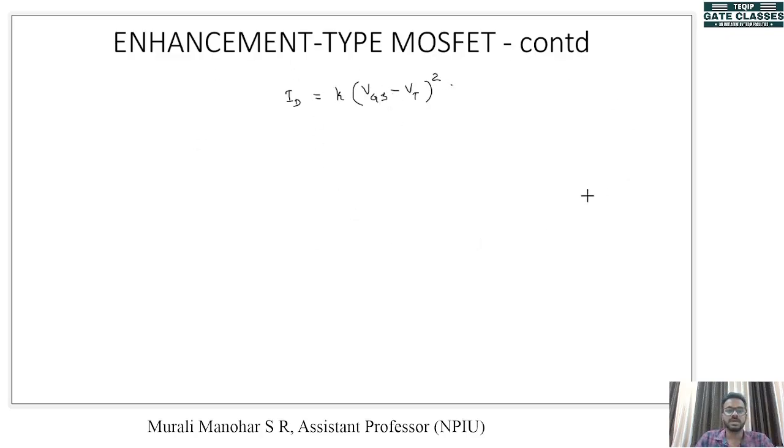So this is the equation that governs enhancement type MOSFET, where K can be found as K is equal to ID on divided by VGS on minus VT the whole square. So this is the value of K. If you know a particular VGS and the corresponding current ID, then you can find out the value of K. And if you know K, you can find out the relationship between current and voltage, that is input and output, in an enhancement type MOSFET.